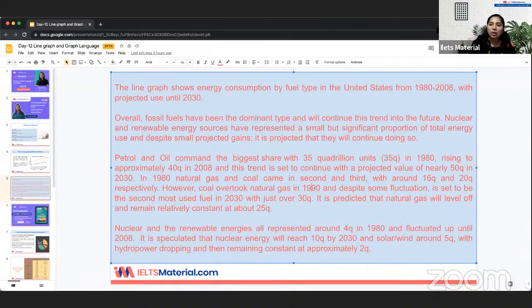Now, I am going to allow you just 1 minute to read the complete answer. Please read it and then let me know if you have any doubts related to the vocabulary or any question related to this answer. Just 1 minute to read the complete answer.